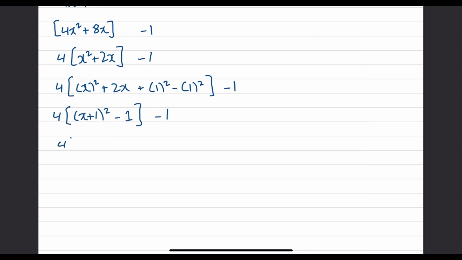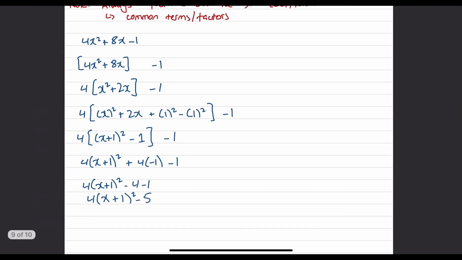So we can write this as 4 into x plus 1 whole squared, plus 4 into minus 1, minus 1. This bracket can be broken down into these two terms because 4 is individually being multiplied with both of them. And now it's as simple as opening the bracket into minus 4 and minus 1, and our completed the square version of our quadratic is 4 times x plus 1 whole squared minus 5.